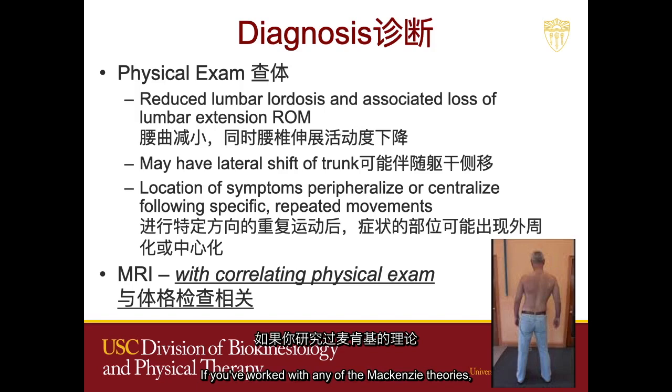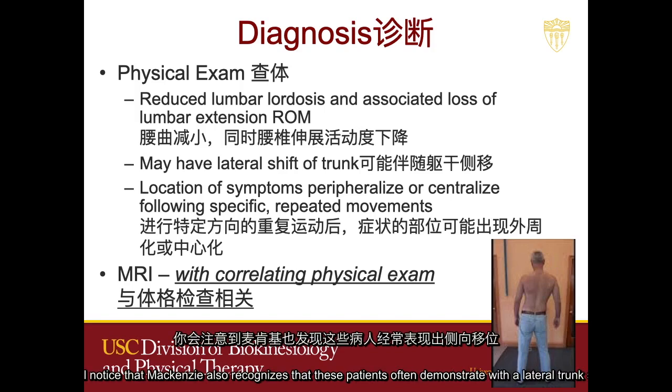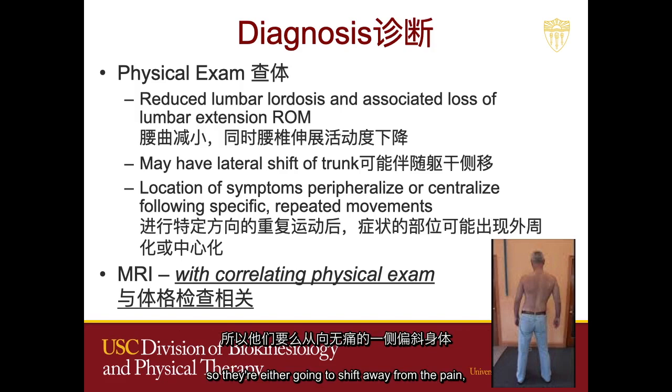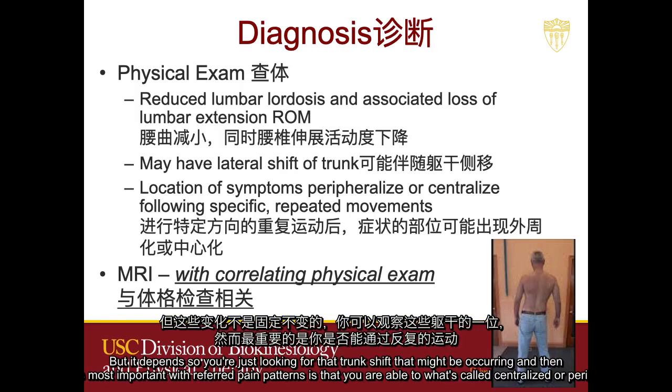If you've worked with any of the McKenzie theories, you'll notice that McKenzie also recognizes that these patients often demonstrate a lateral trunk shift. So they're either going to shift away from the pain, or sometimes they actually shift towards the side that has the referred pain, but it depends. So you're just looking for that trunk shift that might be occurring.